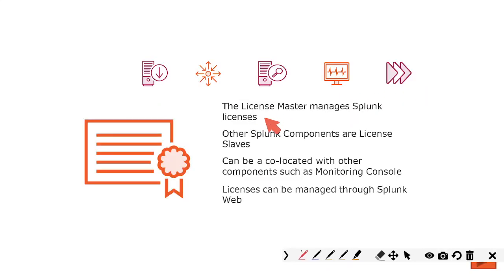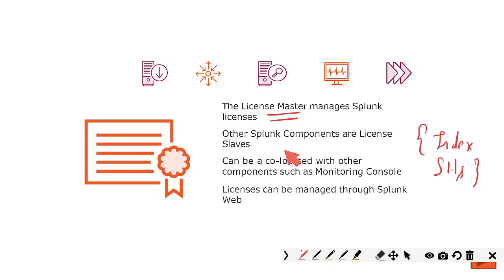First we will start with the license master. One instance will be called the license master, and other instances, for example the indexers or the search heads, will be acting as license slaves, right? The license master's job is to run the licensing meter.